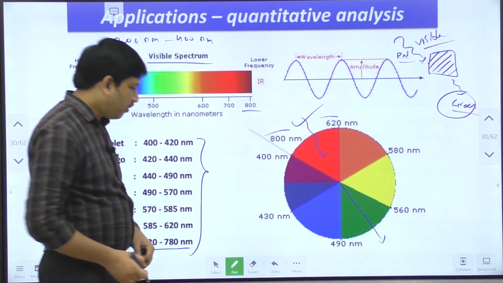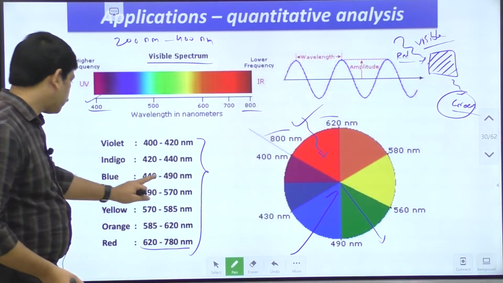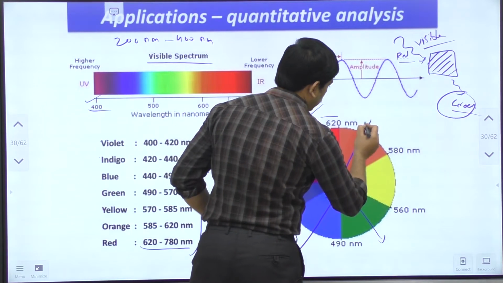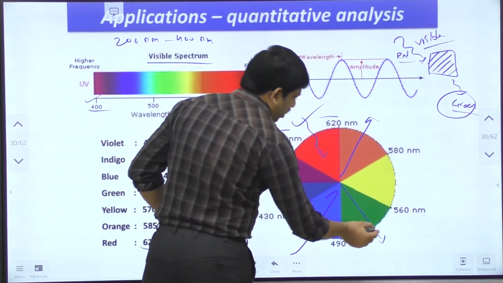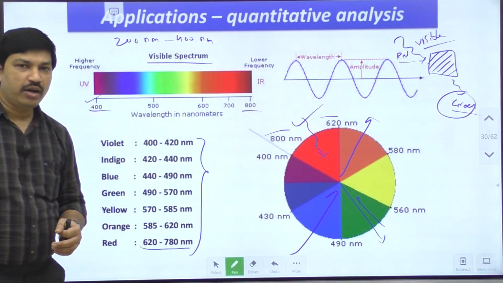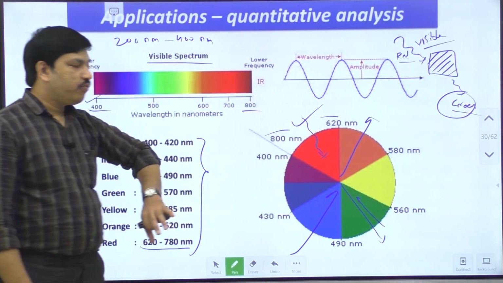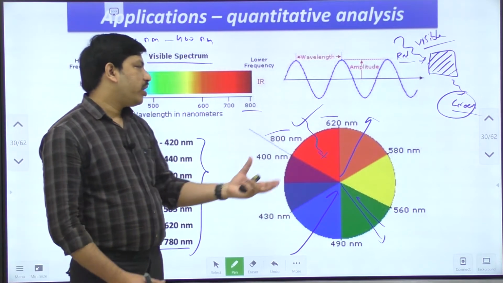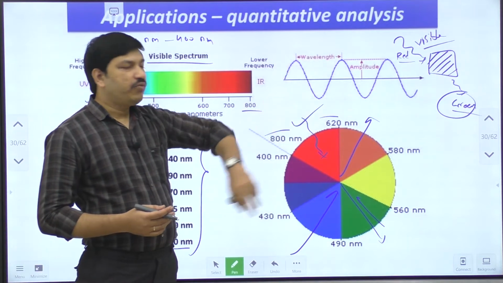If any compound absorbs blue light from 430 to 490, it looks like an orange color compound. If any object absorbs a green color, it looks like a red color in nature. Like this, the visible light wheel is useful to understand what complementary color we are seeing once the compound absorbs any radiation from the visible light.